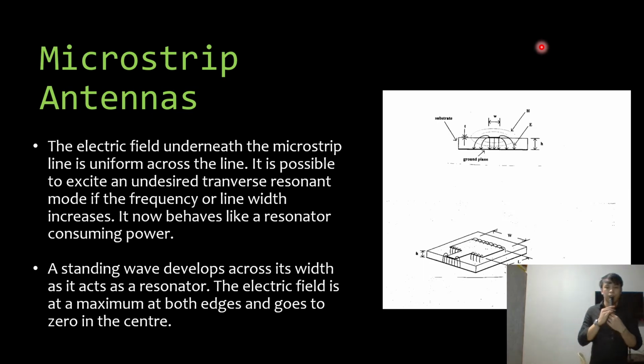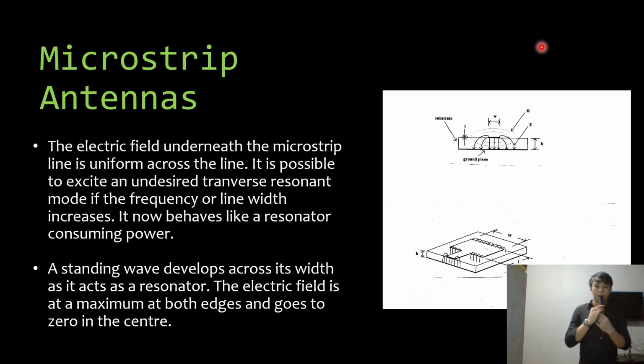So in microstrip antennas, the electric field underneath the microstrip line is uniform across the line. So it is possible to excite an undesired transverse resonant mode if the frequency or line width increases.